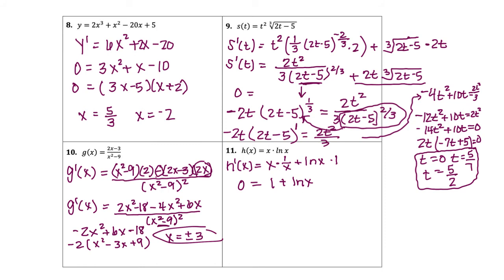And so we're going to subtract that 1 over, so negative 1 equals natural log of x. And a little bit of a reminder here, natural log means you've got a base e. So x is going to be equal to e to the negative 1, and so that's 1 over e equals x.